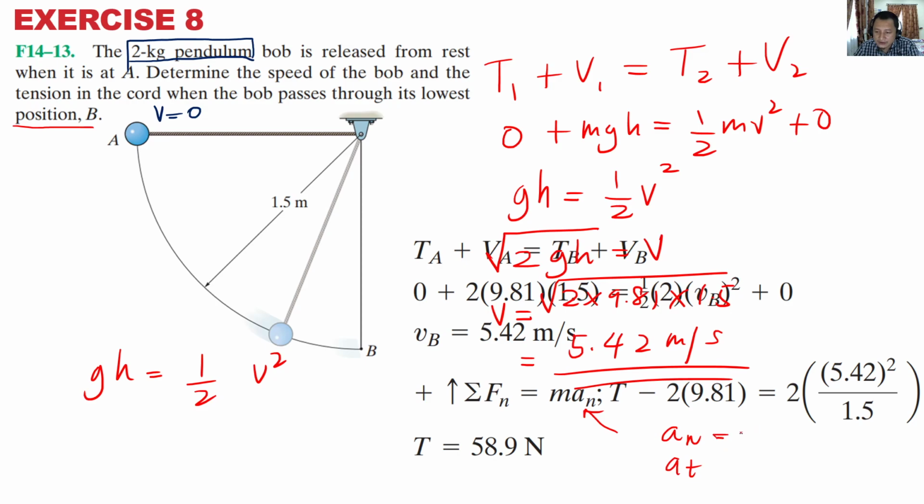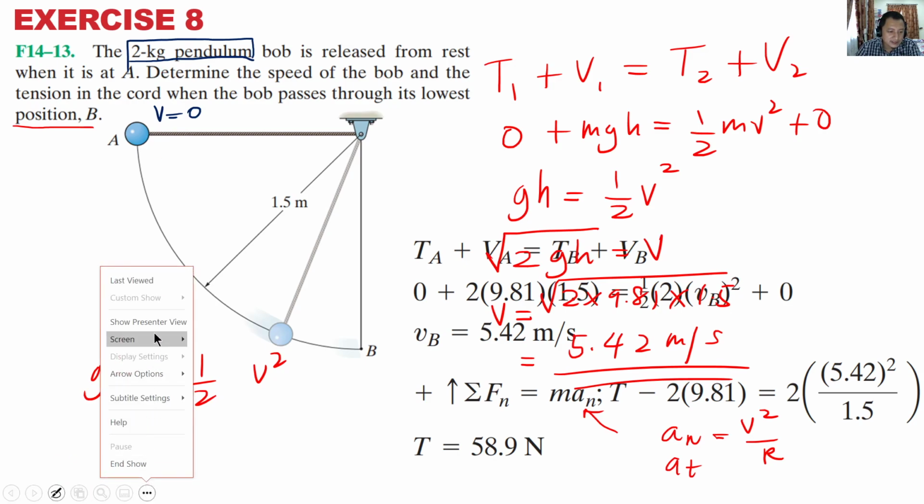A normal is equal to v squared over r. Maybe you've not yet done any exercise on this one, but we can do it. Let's put up another white screen.